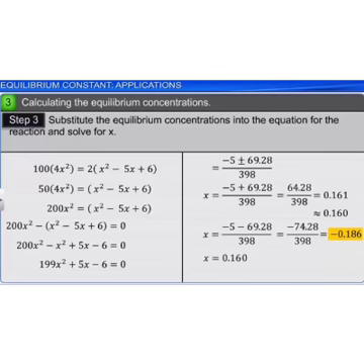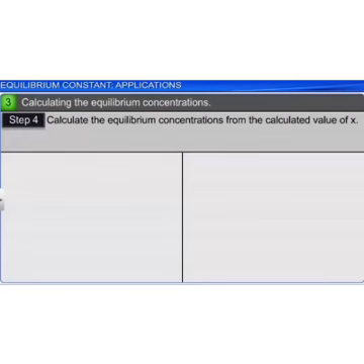The fourth step is to calculate the equilibrium concentrations from the value of X. The initial number of moles of hydrogen is 2. Hence, at equilibrium, the concentration of hydrogen will be 2 minus 0.160, which is equal to 1.84 moles per liter.